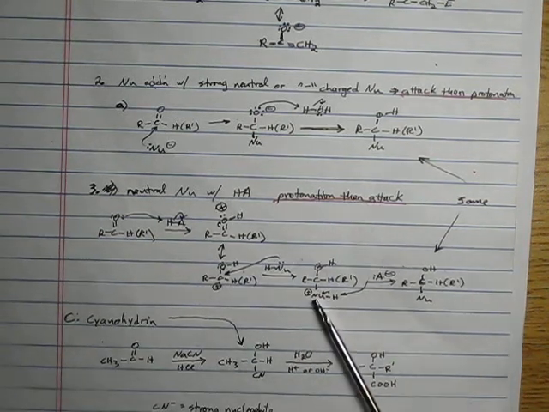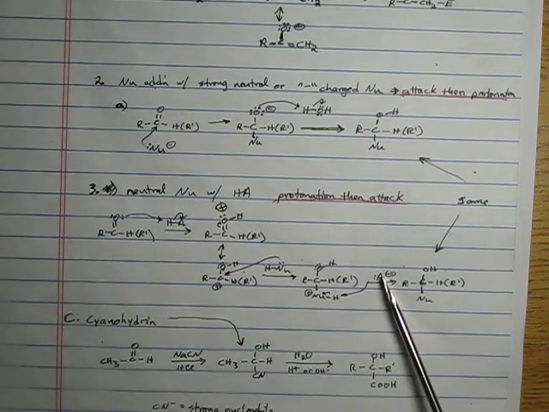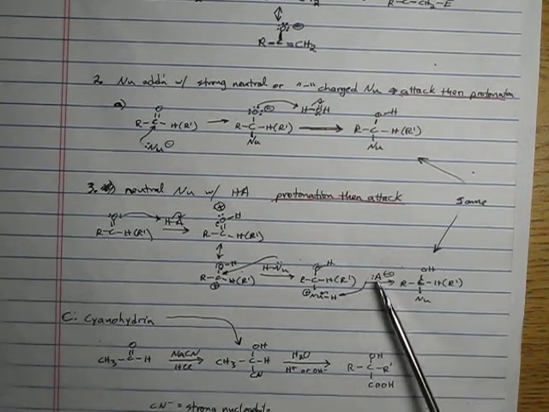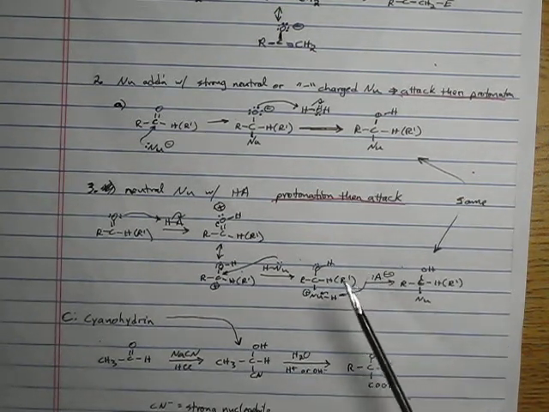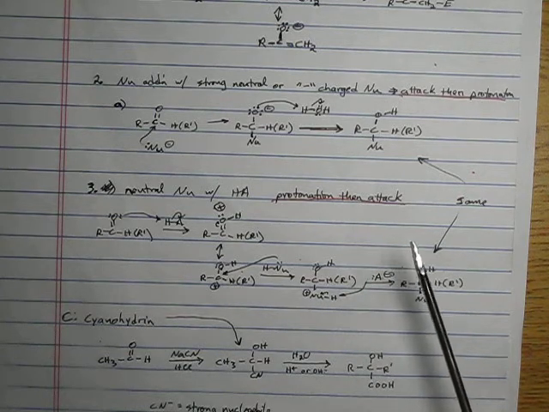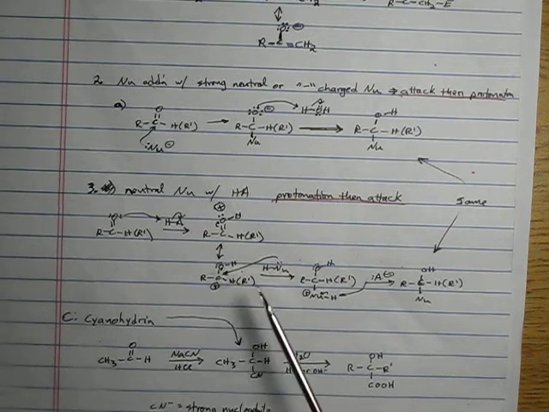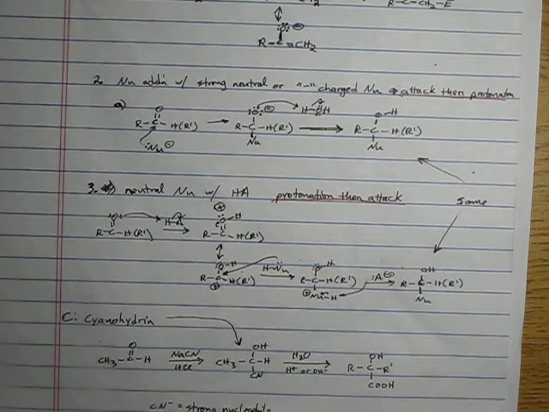And so the nucleophile attacks, and then the conjugate base of our acid, A-, comes in and deprotonates that nucleophile to regenerate HA again, which means our acid is a catalyst. And so here we have protonation first, then nucleophilic attack.